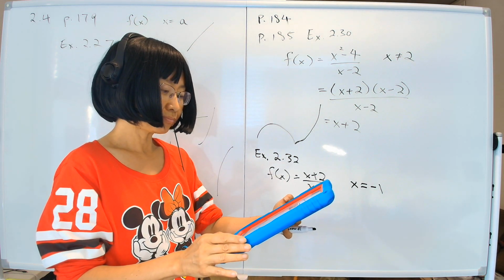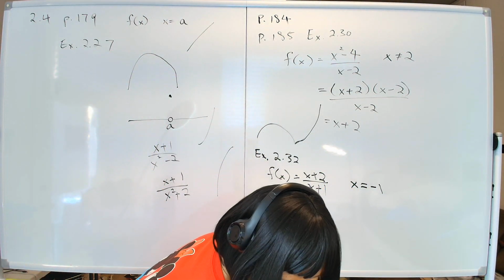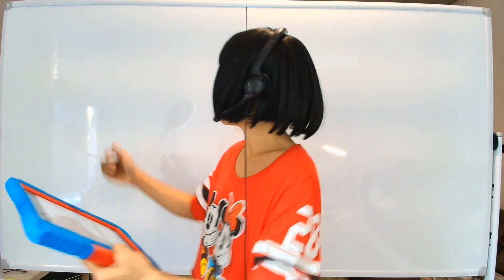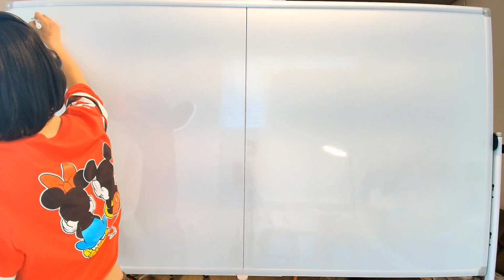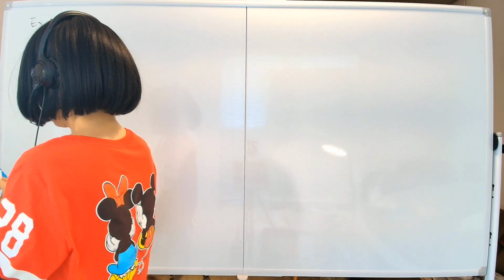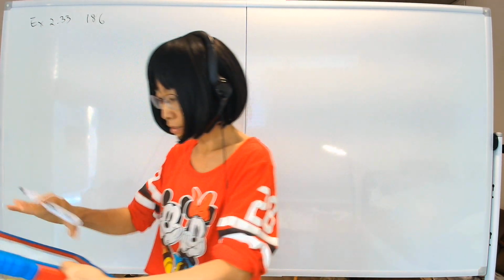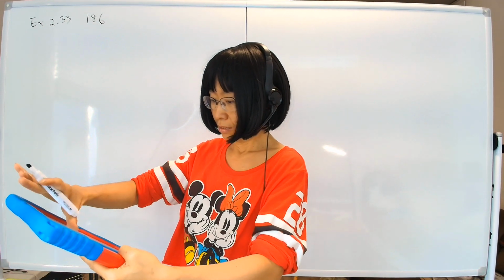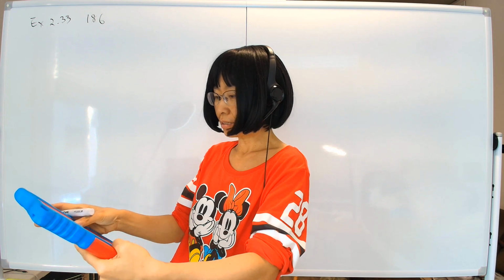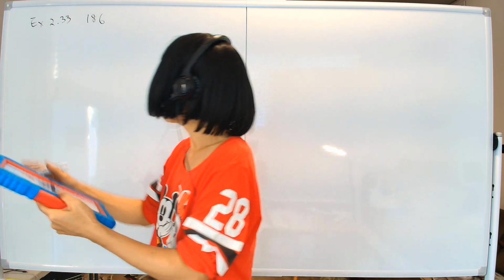And then, okay, let me erase the board. So example 2.33 we're looking at, which is on page 186, says that we have a rational function. It wants you to figure out where this thing is continuous.